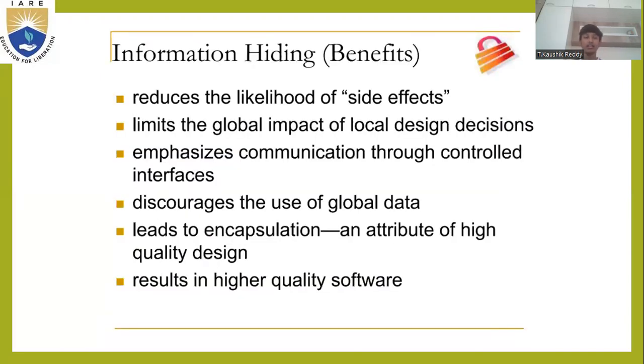The benefits of information hiding are that it reduces the likelihood of side effects, limits the global impact of local design decisions, emphasizes communication through controlled interface, discourages the use of global data, leads to encapsulation, an attribute of high quality design, and results in higher quality software.